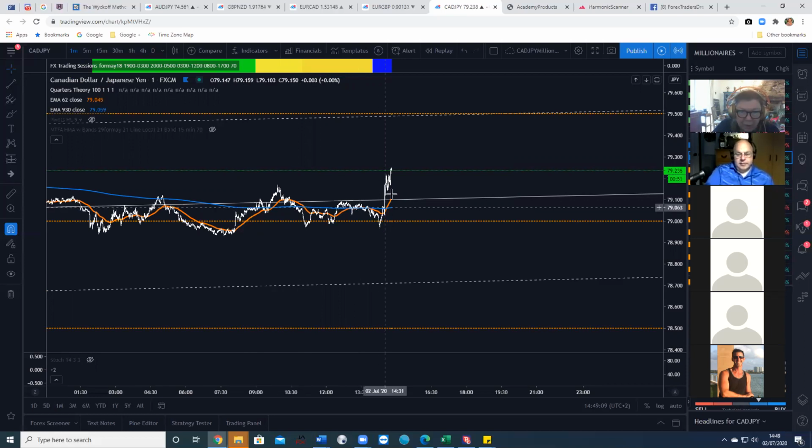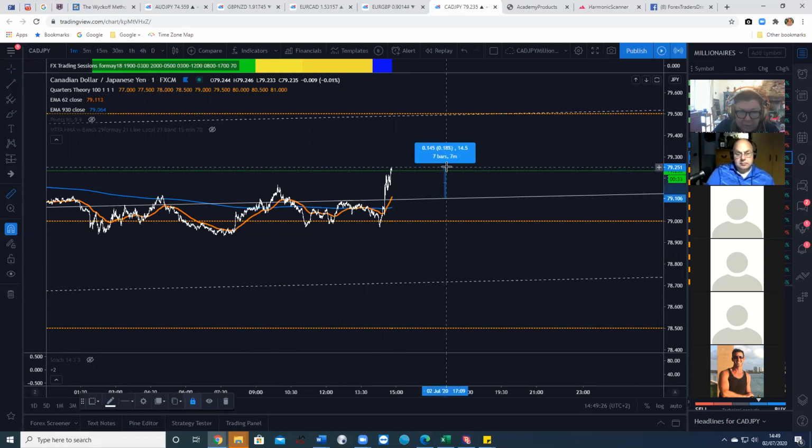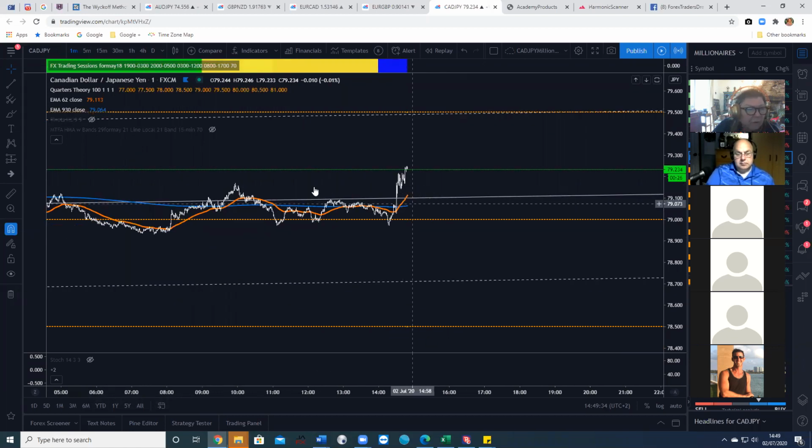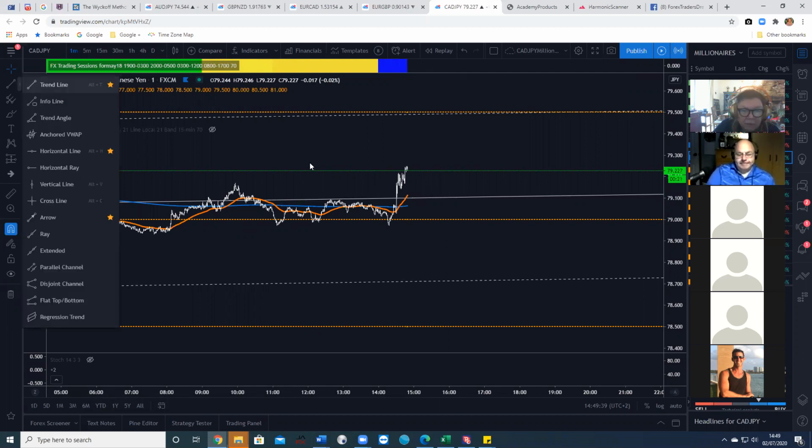Price is above the orange, which is crossed, that's a buy. But we've got no pitchfork break and retest. That one's too far back. We like them all together. How far has that moved off? 14 pips. So it's moved straight up, because I'd like that to come back for a retest. So if price comes back for a retest, then we've got an entry.